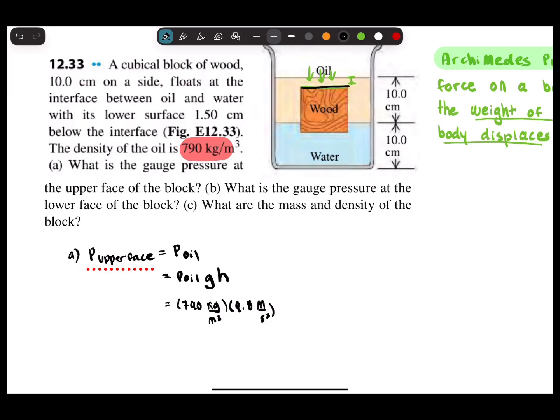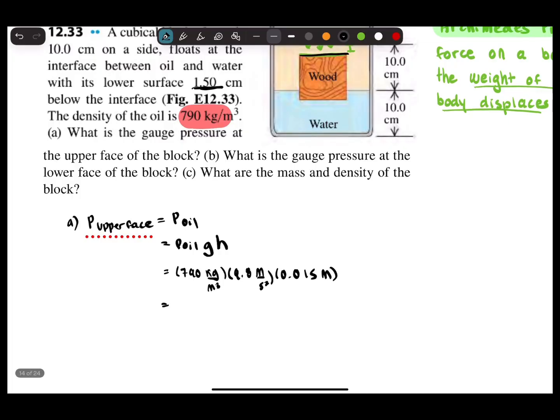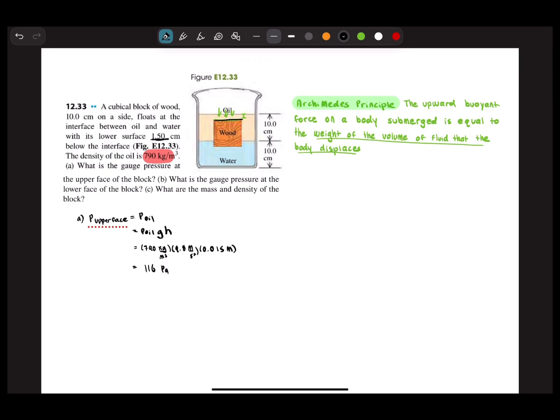Well, the question tells us that the lower surface is 1.5 centimeters beneath the top of the oil. So this height right here would be 0.015 meters. Now let's just calculate this quickly. So the pressure at the upper face is 116 pascals.